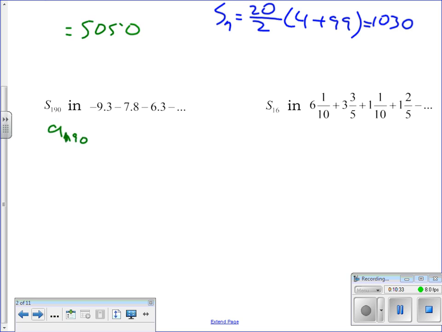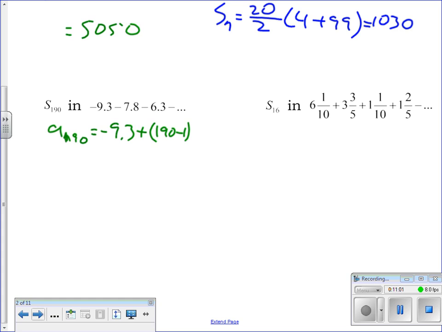Once again, we go back to our formula for arithmetic sequences. It's the first term, negative 9.3, plus n, 190, minus 1, times d. So what's our d in this case? 1.5, positive 1.5.